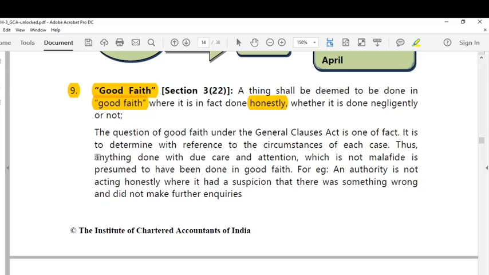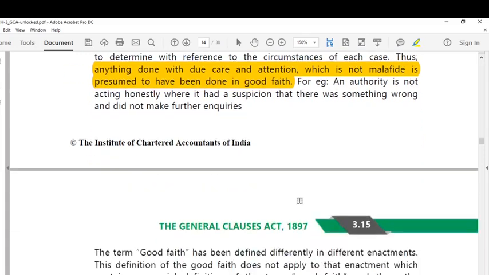Thus, anything done with due care and attention which is not mollified is presumed to have been done in good faith. Example, an authority is not acting honestly where it had a suspicion that there was something wrong and did not make further enquiries.